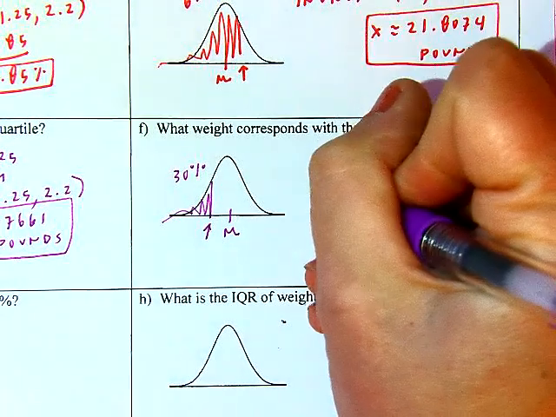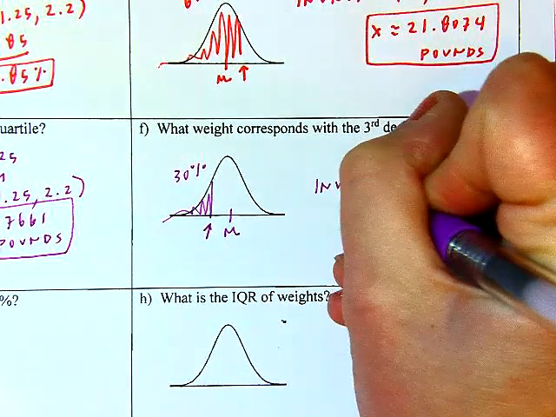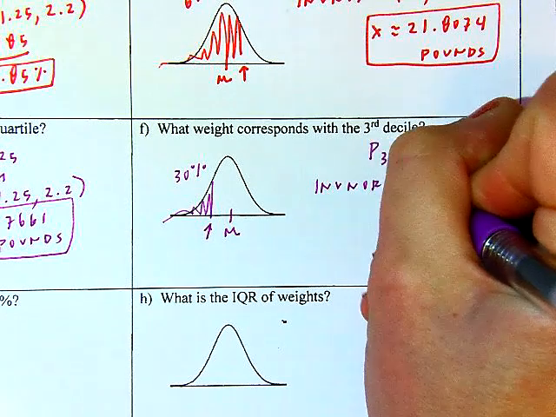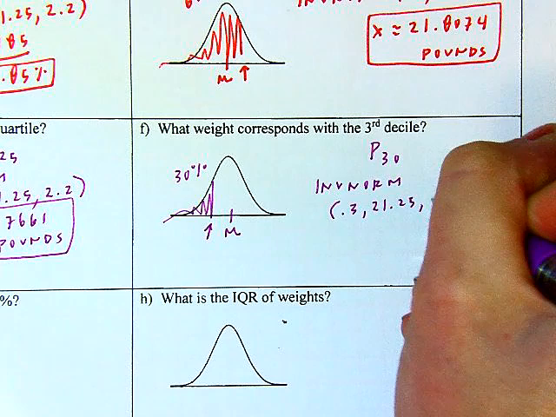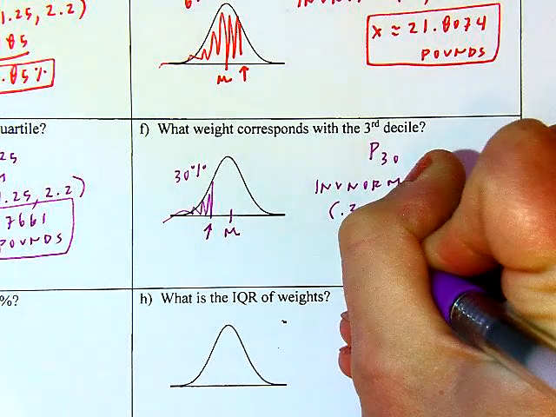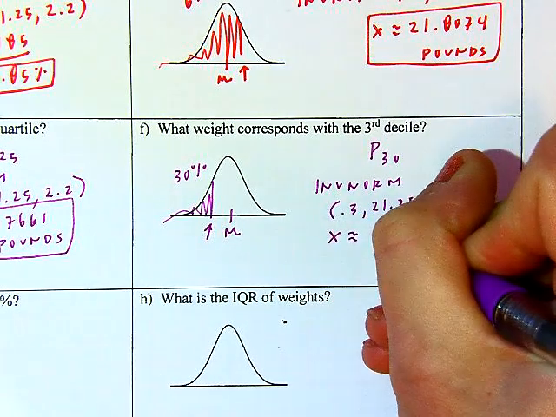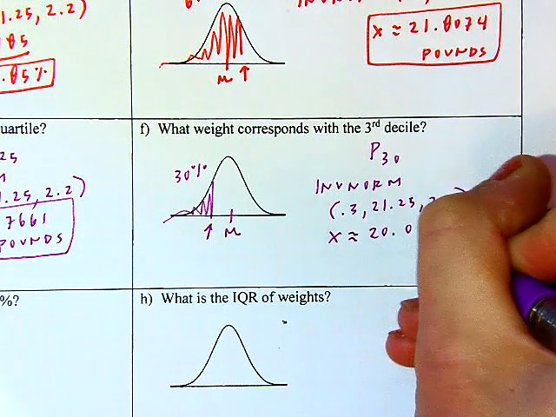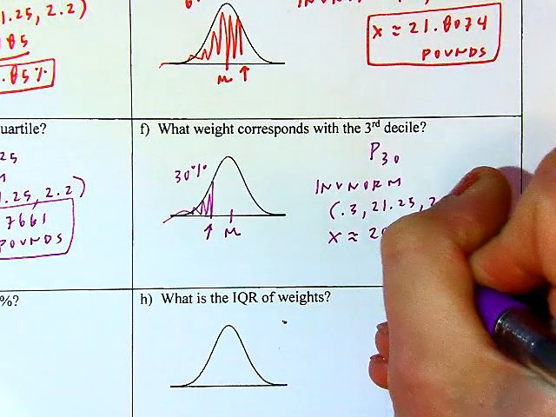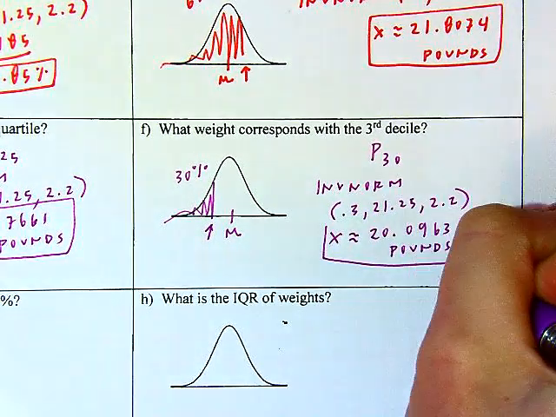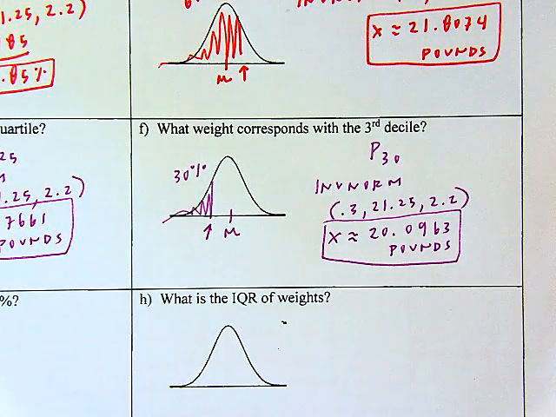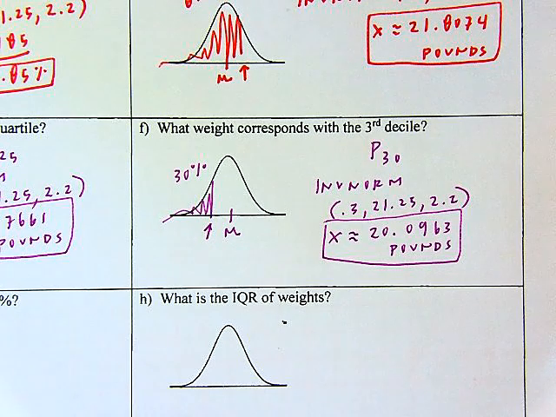So again, it would be inverse norm, 0.3, 21.25, 2.2. Right, it's going to pump out an observation of 20.0963 pounds. All right, two more and we'll call it a day.